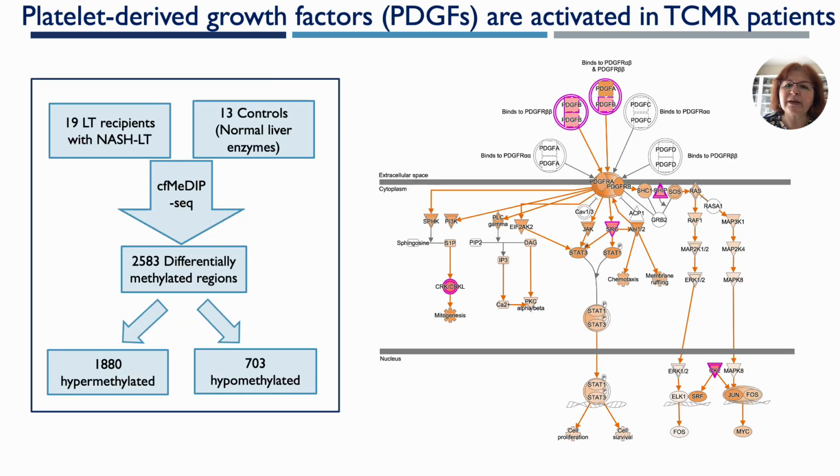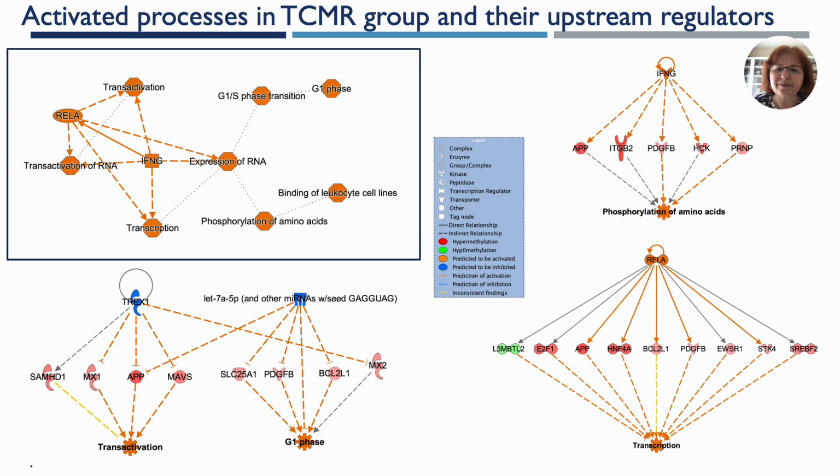We also compared T-cell mediated rejection patients with controls, and we identified around 1,900 hypermethylated and 700 hypomethylated regions. In terms of canonical pathways, IPA identified activation of platelet-derived growth factors in TCMR patients in agreement with previous studies.